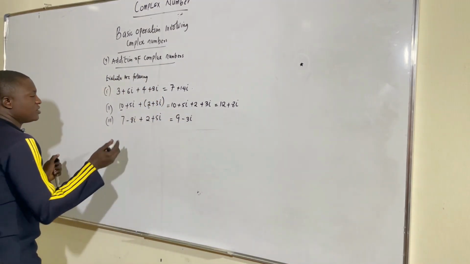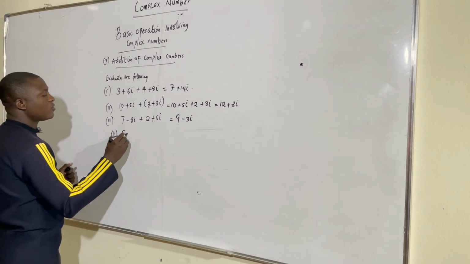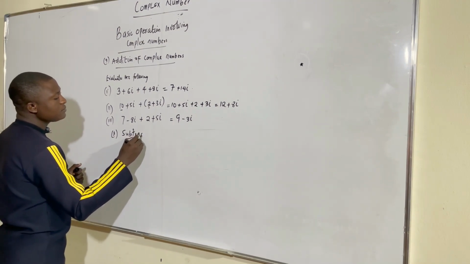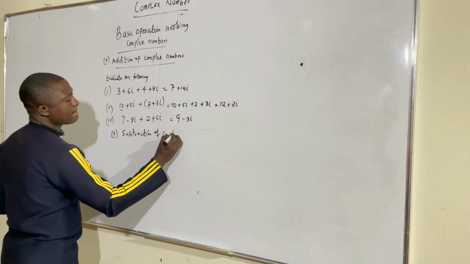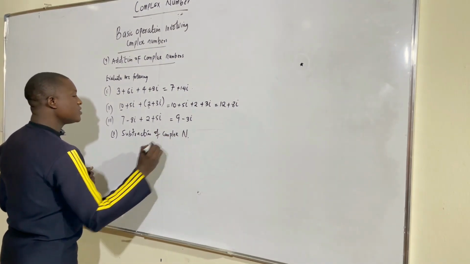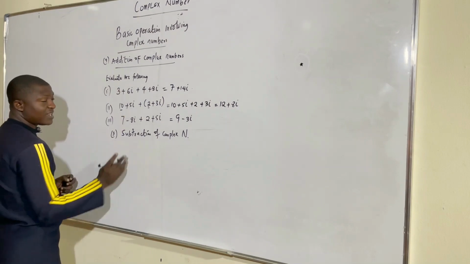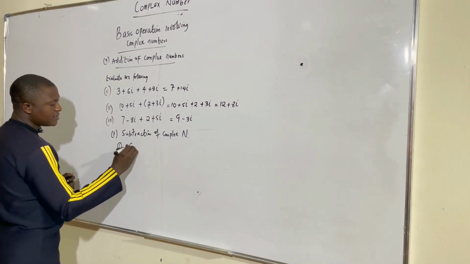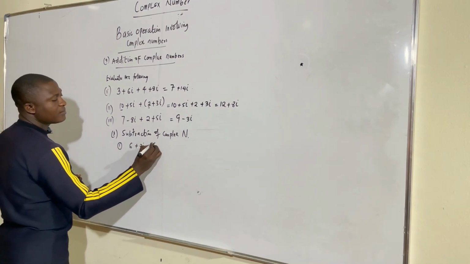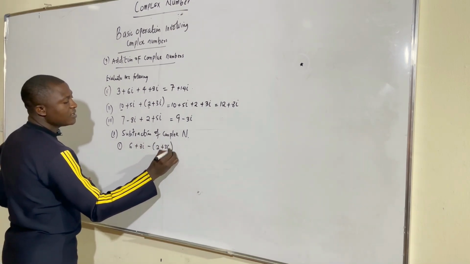For example, that one is also simple. That operation, let's see subtraction of complex numbers. Exactly the same logic. Let's say we have 6 plus 8i minus 2 plus 3i. Look at this.